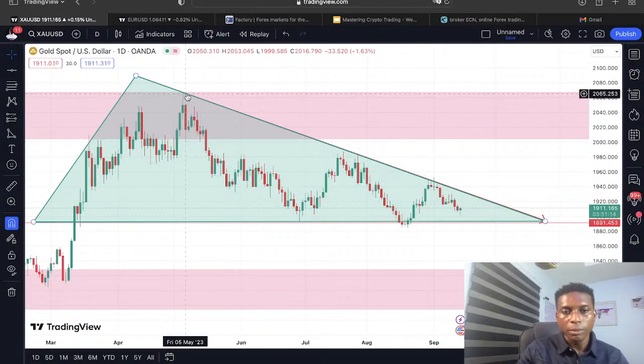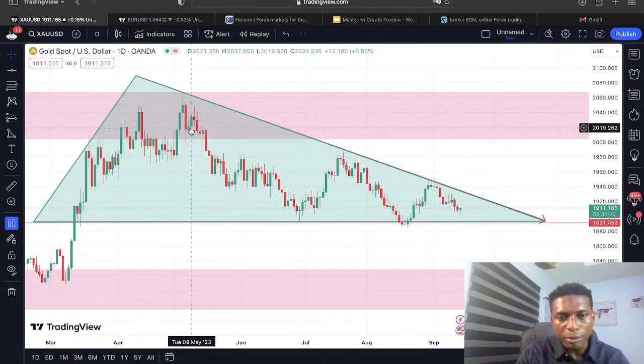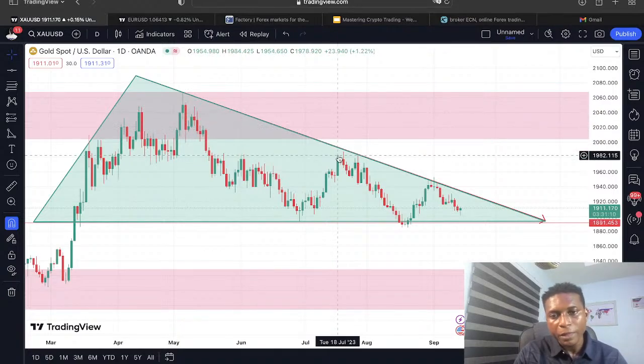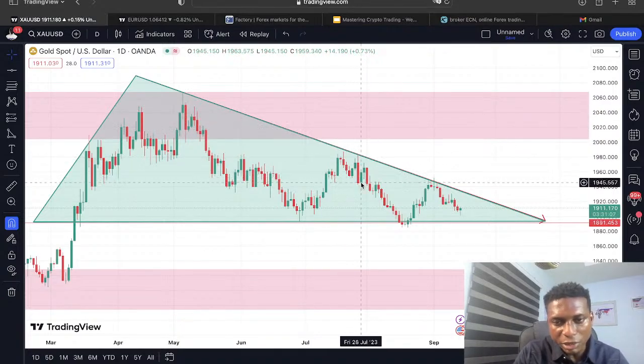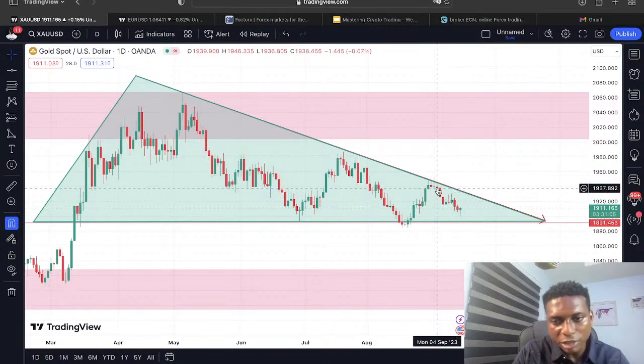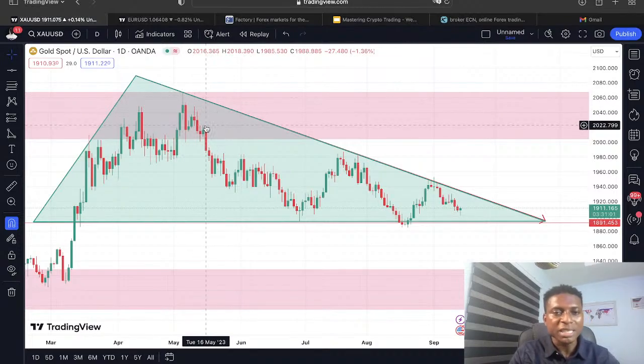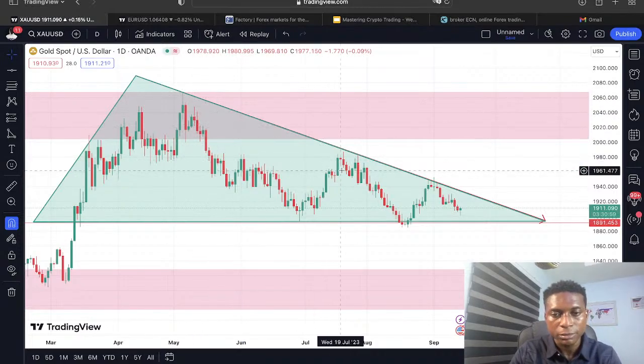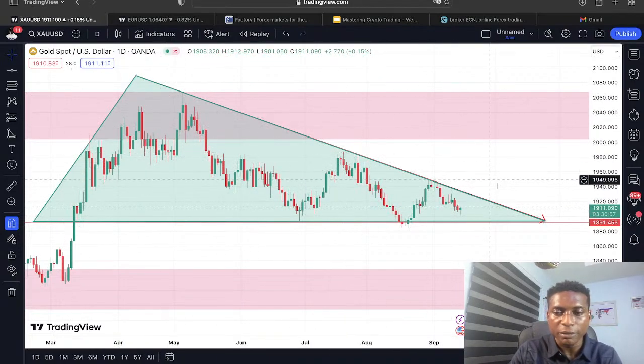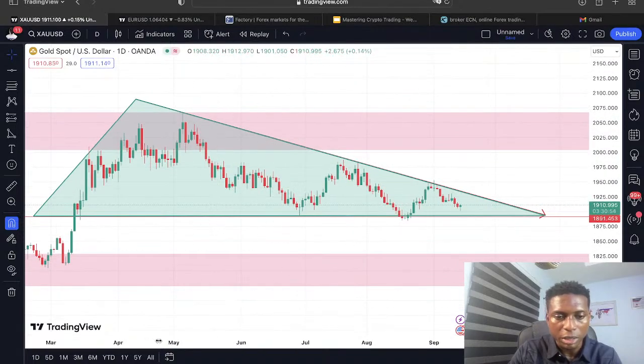Price closed at the low level here, then came here to close at the low level, then price closed lower than this. So that's why we call it a lower low, all around this descending triangle.